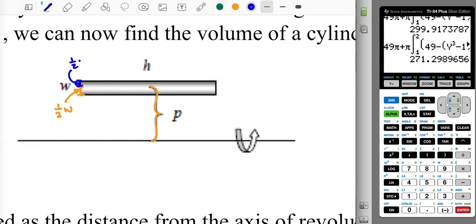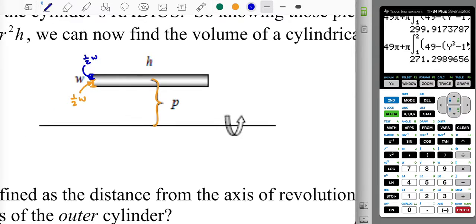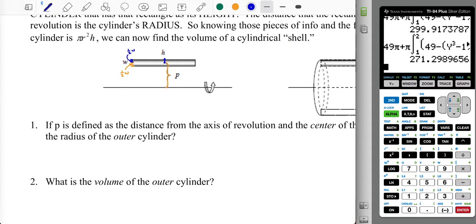So 1/2 W added to the value of P would get you the radius of the outer cylinder. That's just going to be P plus 1/2 W.